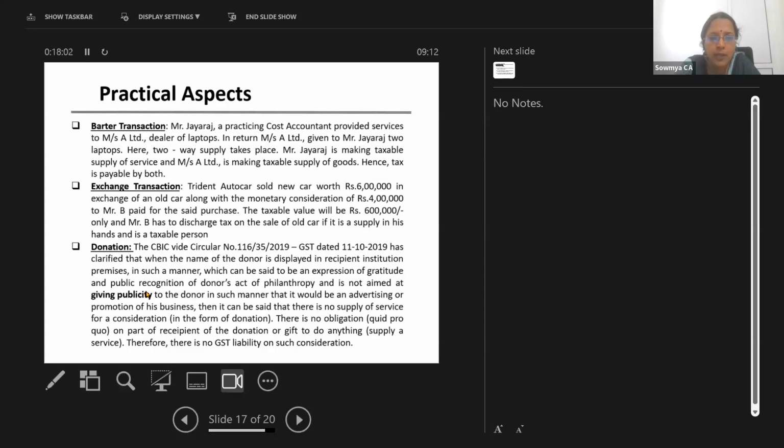Here there is a two-way supply that takes place. So it is a classic example of a barter transaction where Mr. Jairaj is supplying services to A Limited in the form of bookkeeping or whatever consulting services, where A Limited in return has given 2 laptops to Mr. Jairaj.